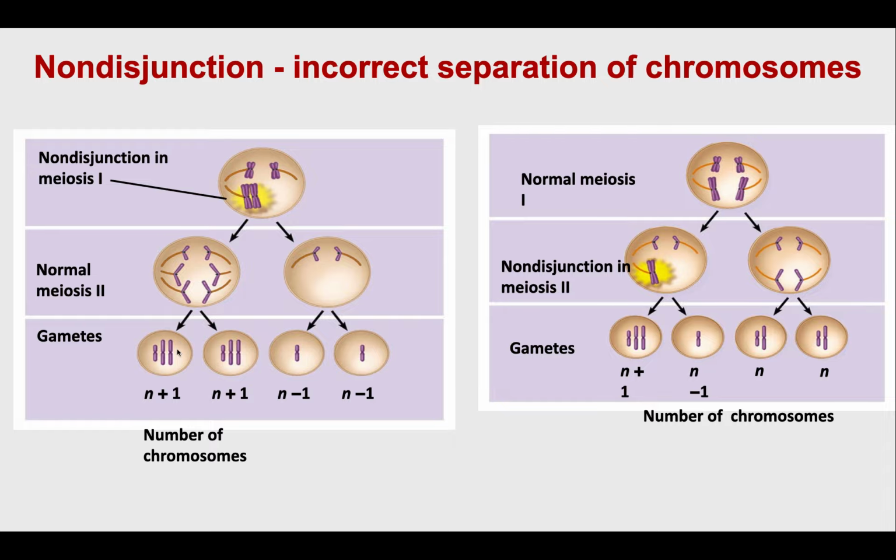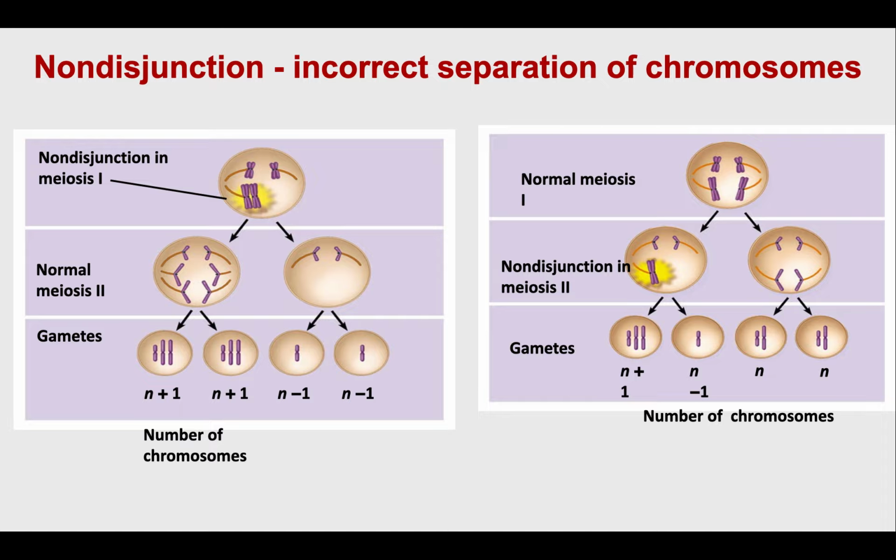This gamete has the normal number plus 1, same in this one, and these 2 are minus 1. They should have 2, but they don't. In this case, we have 2 that are perfectly normal, 1 that's missing a chromosome, and 1 that has an extra. So non-disjunction is how we get these abnormal chromosome numbers.